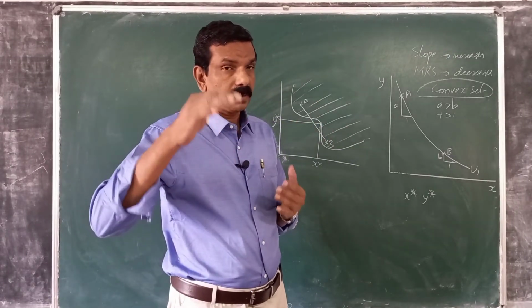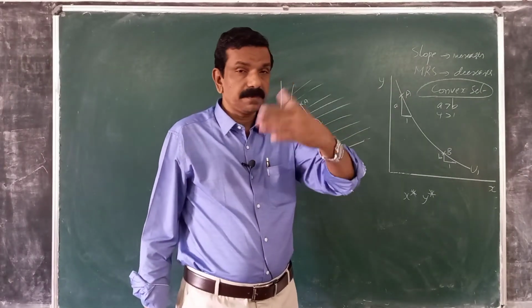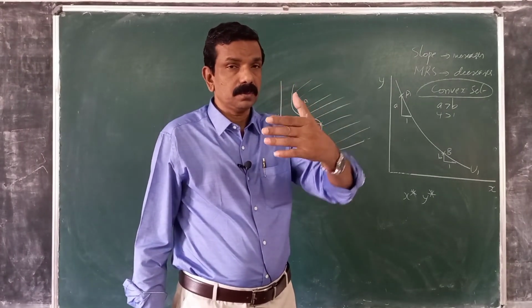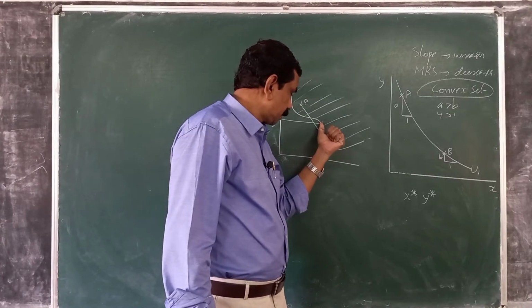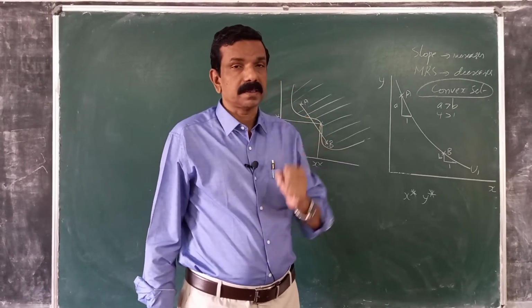Diminishing MRS requires that all the combinations which are preferred to or indifferent to that particular combination form a convex set.